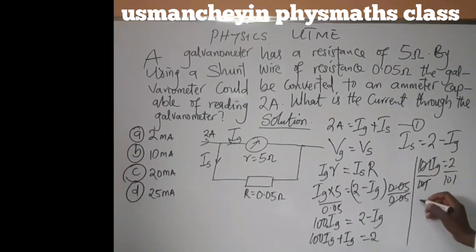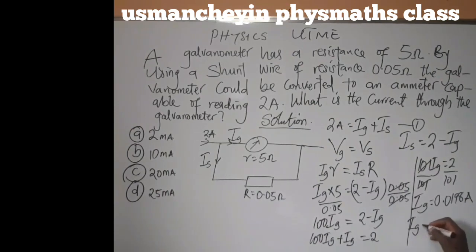So we have 101 I of G equal to 2, and we divide through by 101. This will cancel this. Our I of G will be 2 divided by 101, which is 0.0198. Okay, so this is our I of G in ampere, but our answer is in milliampere, so multiply it by 1000.